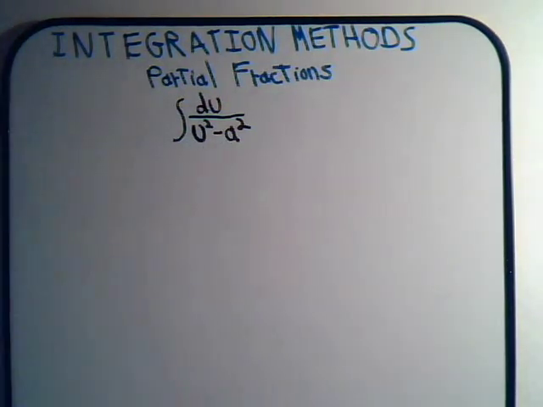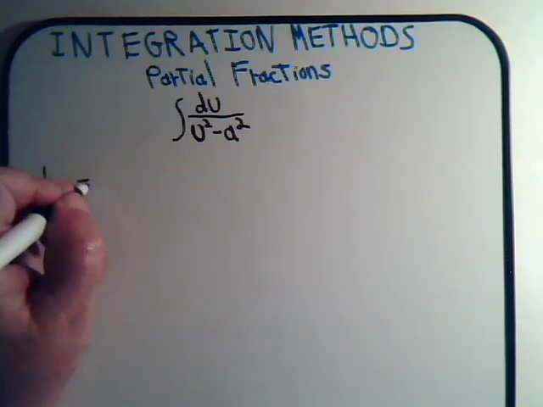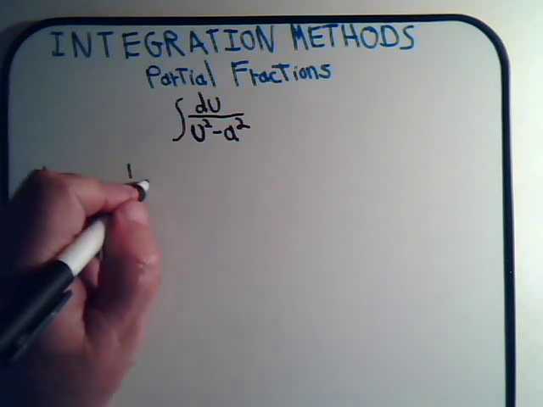So let's see what we can get out of this. We'll have 1 over u squared minus a squared, and we can factor that.